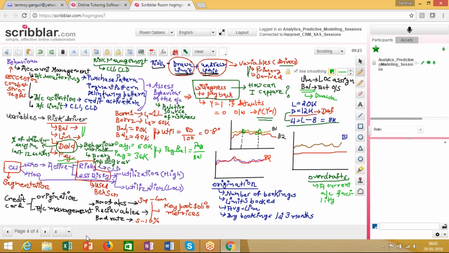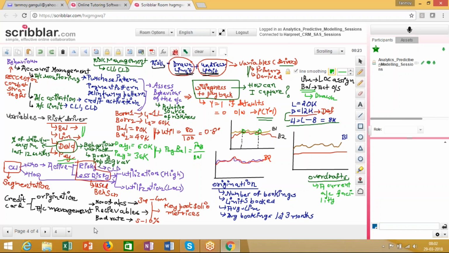This 5,000 rupees is extended to me as a loan, to be repaid within a given period of time. So this overdraft facility is again a revolving product, in the sense that there is a limit to which I can draw the funds, and I can draw up to that limit.